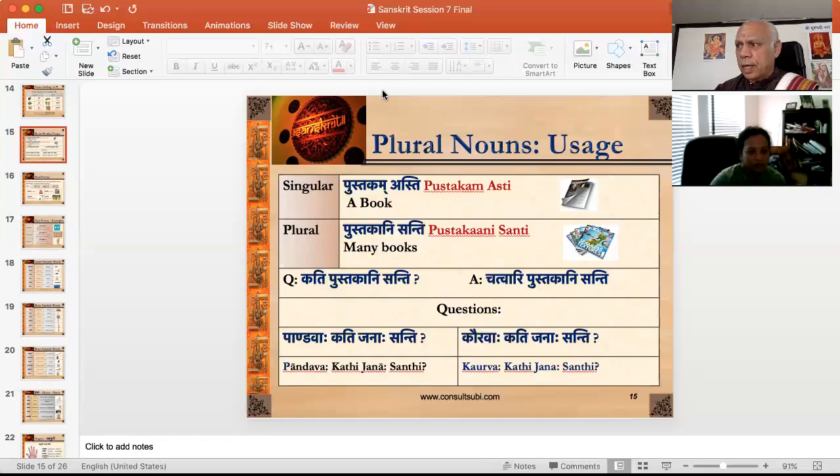No, here it actually means there is a book. There is a book is probably the correct translation for this. Pustakam Asti refers to one singular. So that is why you say a book. There is a book should be the correct translation. Pustakam Asti means there is a book. Okay.